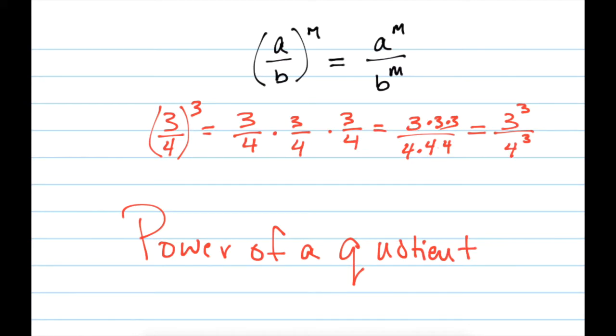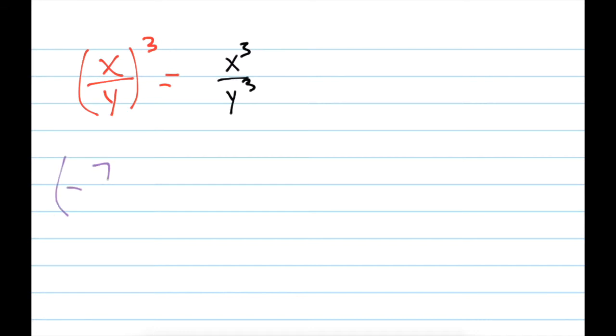So if I had x over y to the 3rd, what would that become? x to the 3rd over y to the 3rd. What if I had negative 7 over x squared? Well, it's helpful to put that negative with either the top or the bottom, and it honestly doesn't matter which.